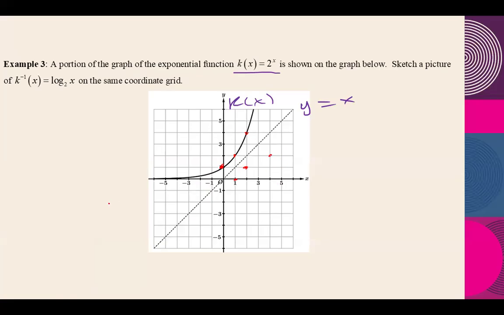The other thing to pay attention to is that you had a horizontal asymptote, right? Yes, I had a horizontal asymptote at y equals 0. What is the opposite of a horizontal? A vertical. So I'm going to have a vertical asymptote at x equals 0.